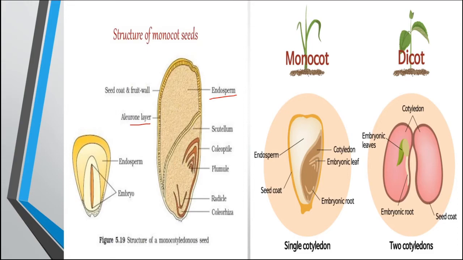Here this is the embryonal part, this is the scutellum, which is shield shaped or single cotyledon. This is the plumule, which is covered by a sheath-like structure known as coleoptile, and this is the radicle, which is covered by this coleorhiza. The embryo is on this side, and this bigger portion is known as the endosperm. This is the structure of the monocot seed or the maize seed.